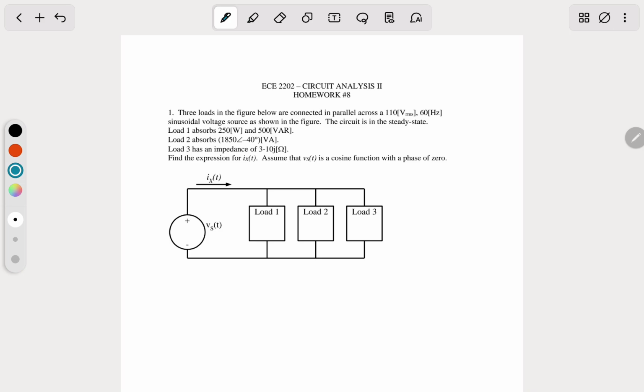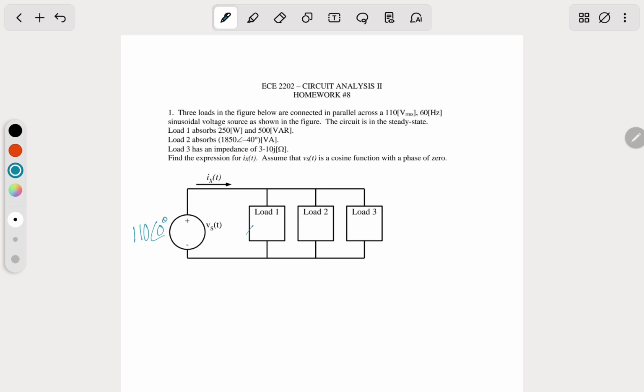So our voltage source equals 110 at angle 0, and in order to solve this question we need to convert each load into complex power.